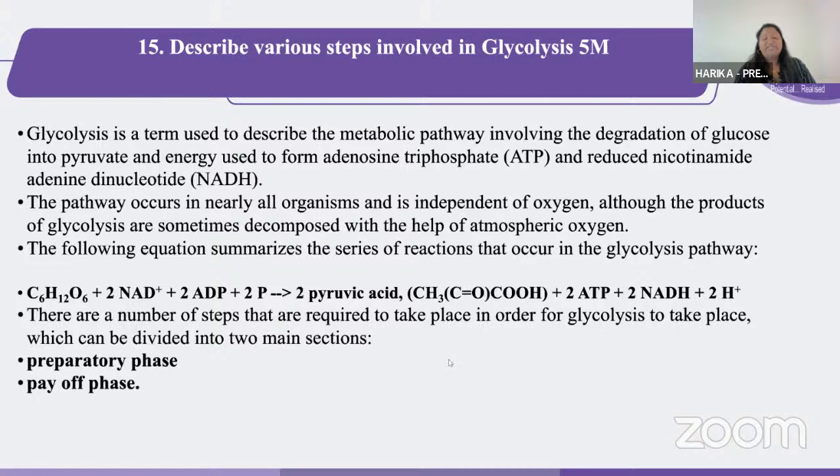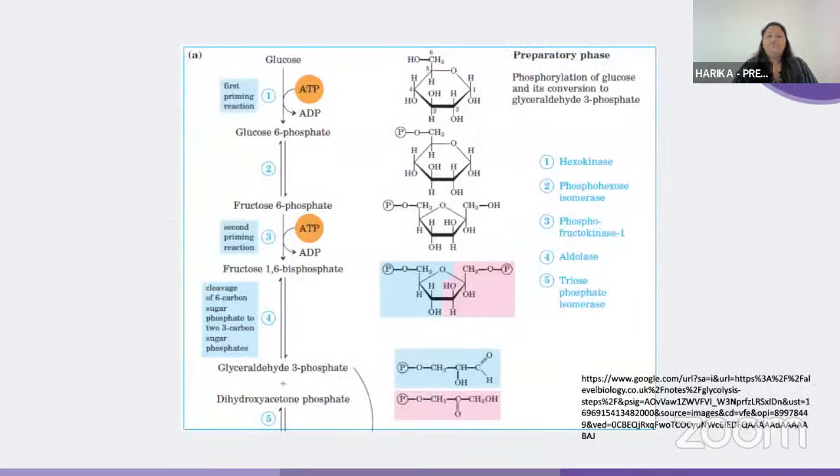There are several steps involved in the glycolysis pathway, and these steps are divided into two main sections, the preparatory phase and the payoff phase. First, let us study the preparatory phase. The preparatory phase is phosphorylation of glucose and its conversion to glyceraldehyde 3-phosphate. So the glucose gets converted to glyceraldehyde 3-phosphate.